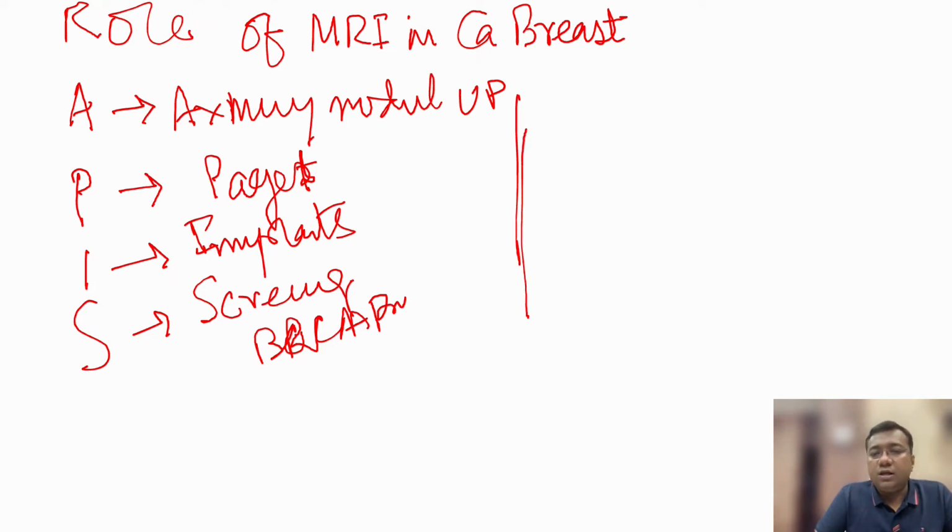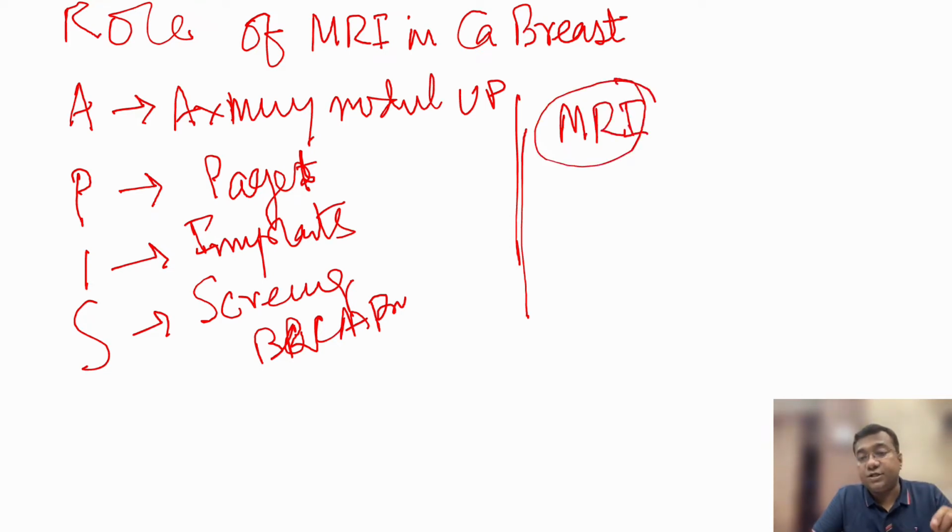Now what are the indications once you diagnose a patient with breast cancer? Here comes the role of MRI in patients where you suspect there is high chance of misdiagnosis in mammography or ultrasound. That means patients with denser breast, young individuals.